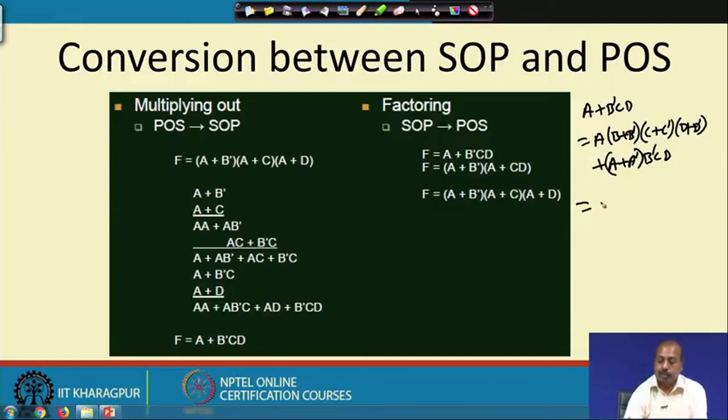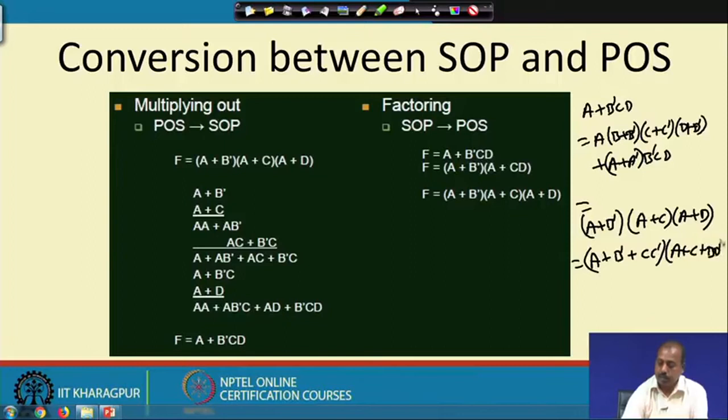And similarly, for the second expression, say a plus b bar into a plus c into a plus d, you have to write it as a plus b bar plus c c bar into a plus c plus b b bar, plus a plus d plus b b bar.